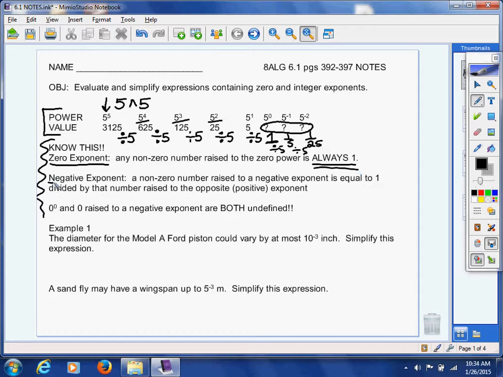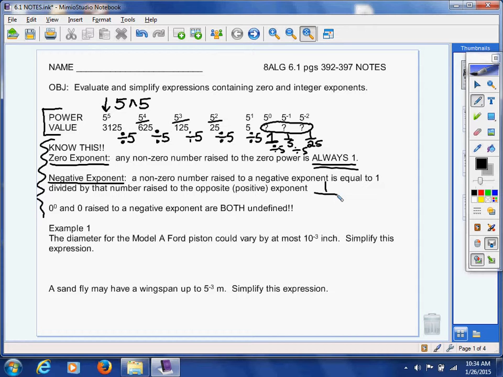All right, let's talk about negative exponents. If you have any non-zero number, and the book's real specific about making sure that the number is not 0, any non-zero number raised to a negative exponent is equal to 1 divided by that number raised to the opposite positive exponent. I'll show you what that looks like in example 1.